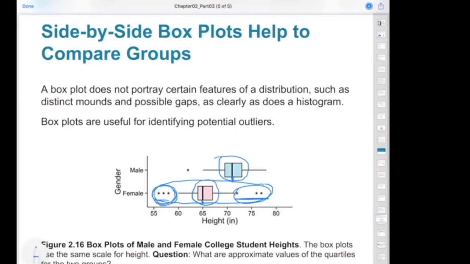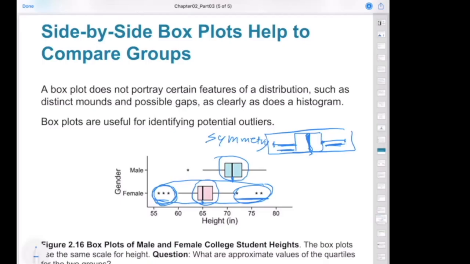If you have a box plot like this, we can say the distribution is symmetrical, because, as you can see, the median is in the middle, and the distance from the first quartile to here is the same distance here. So the distribution is symmetrical.